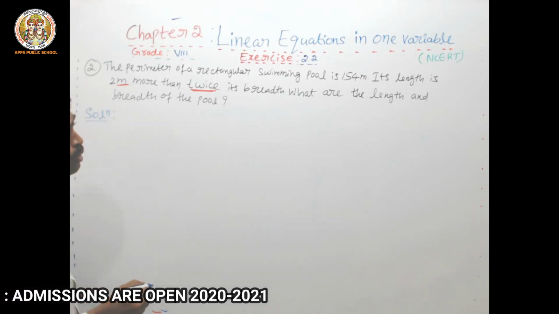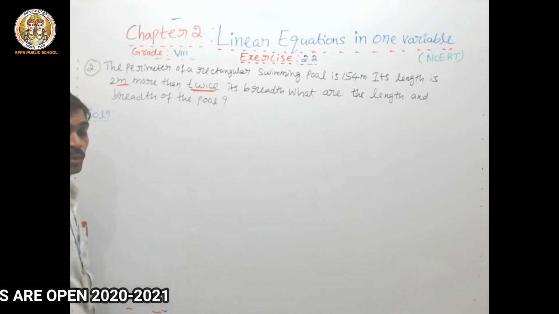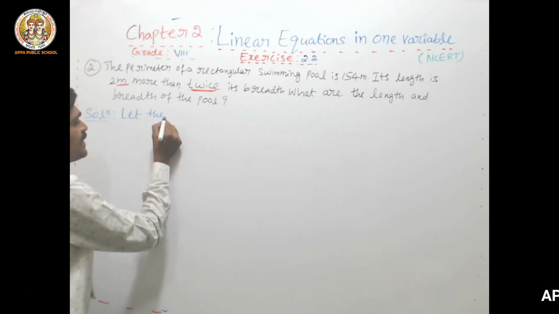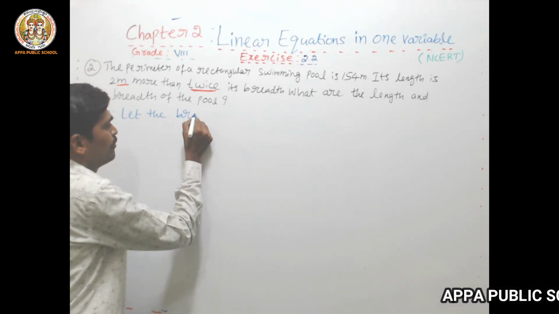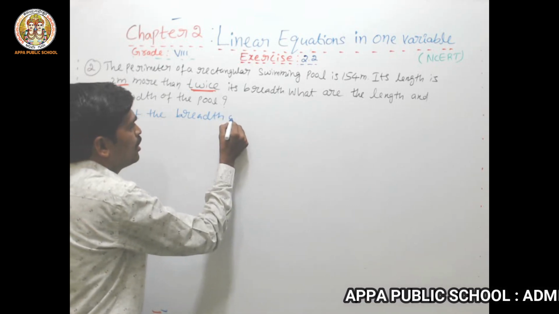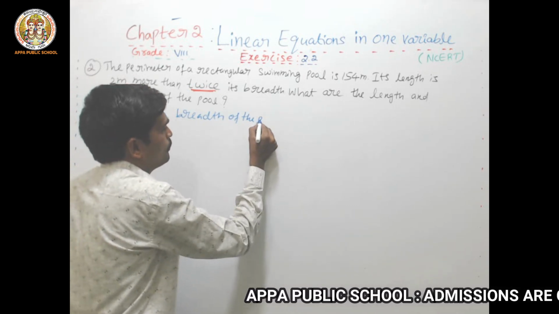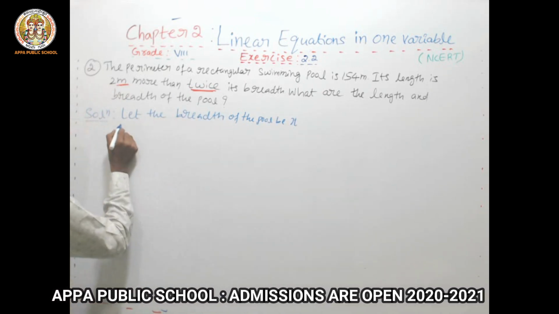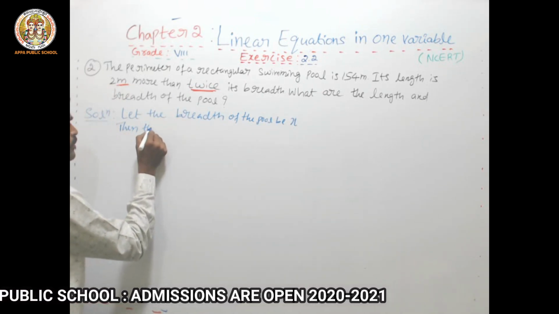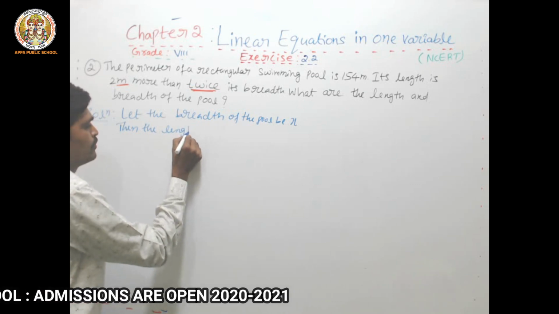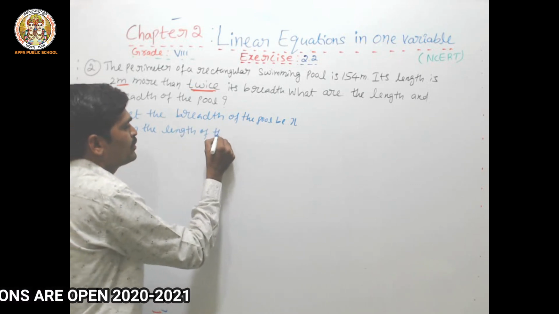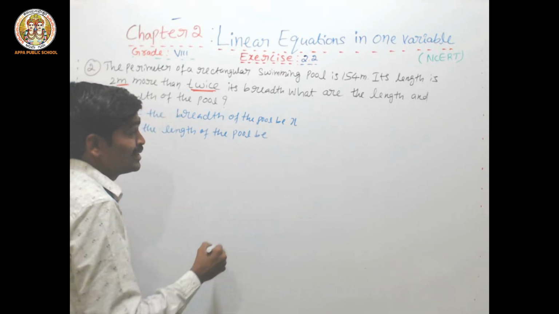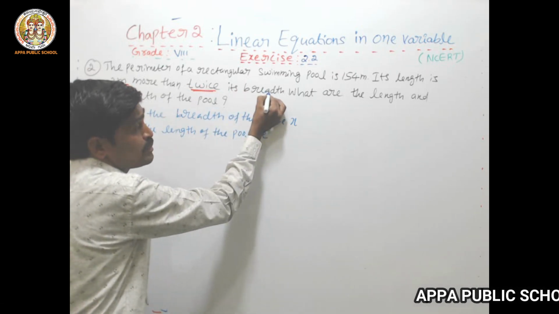See, first we don't know the breadth of the pool. That's why we have to consider the breadth of the pool as x. Then the length of the pool, very important, twice of its breadth.